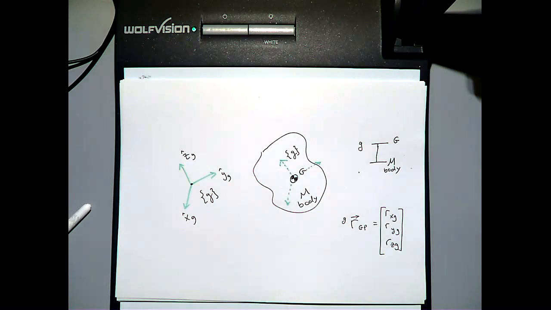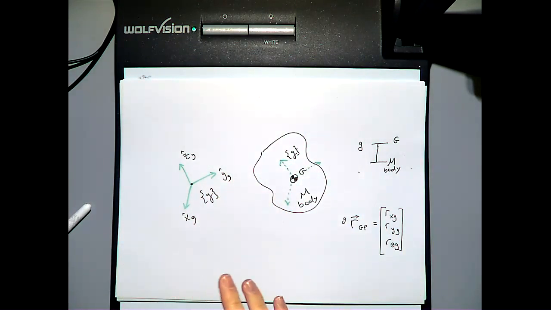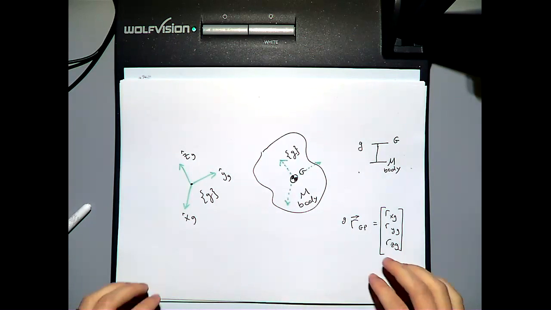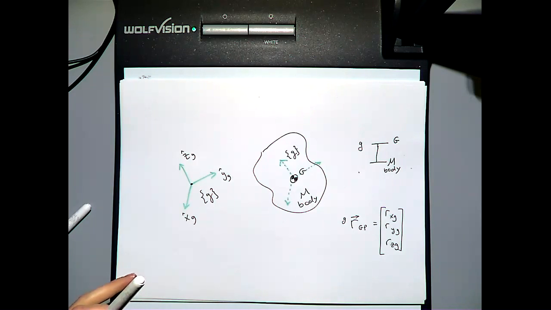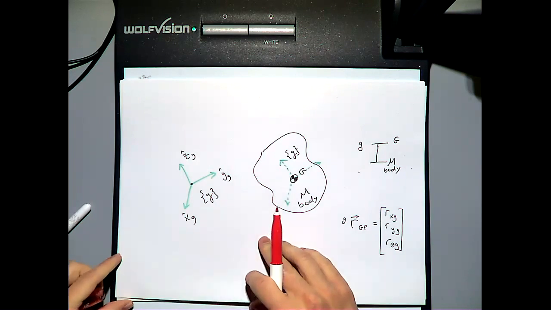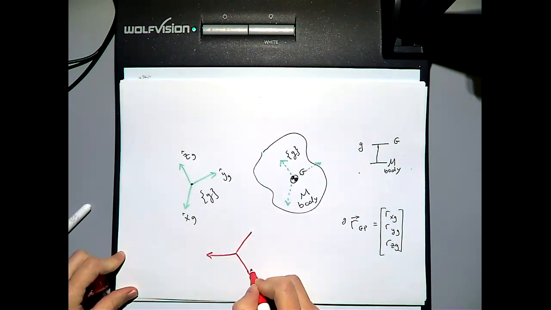So for a different frame, you will have just a rotated coordinate system. So what you will need to do if it's a different coordinate system you want to calculate for, it will just be a different one.